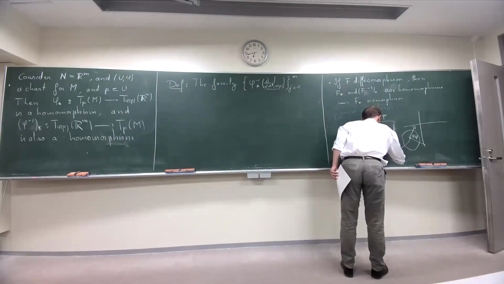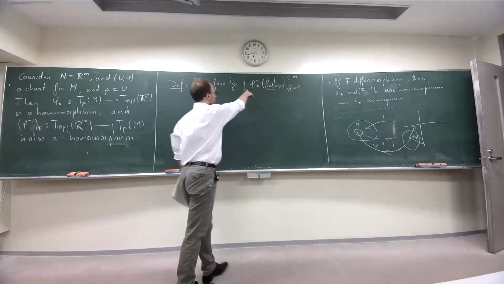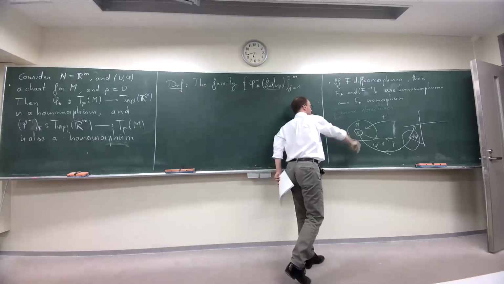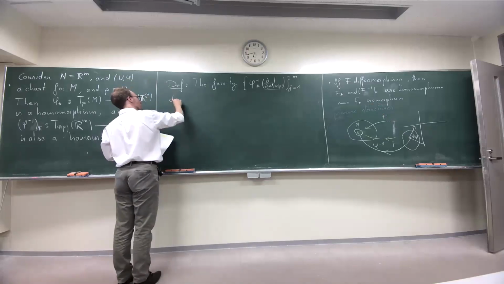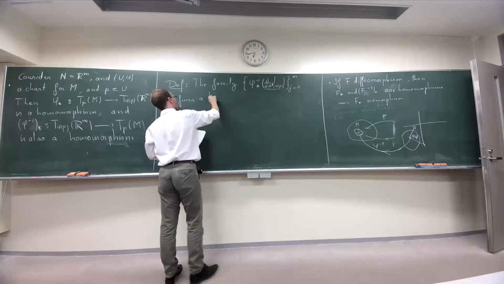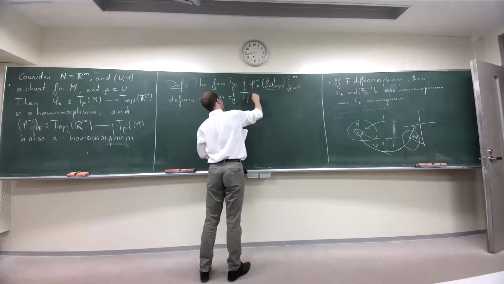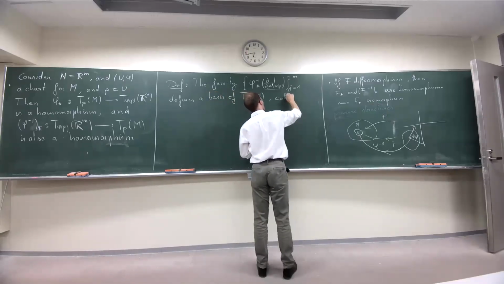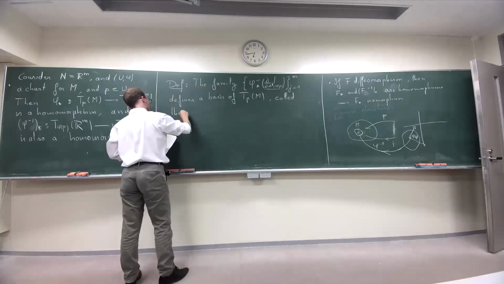So phi minus 1 is going in this direction. And I'm taking it to the tangent space at P for the manifold M. So the family defines a basis of Tp of M. And it has a name, it's called the coordinate frame.